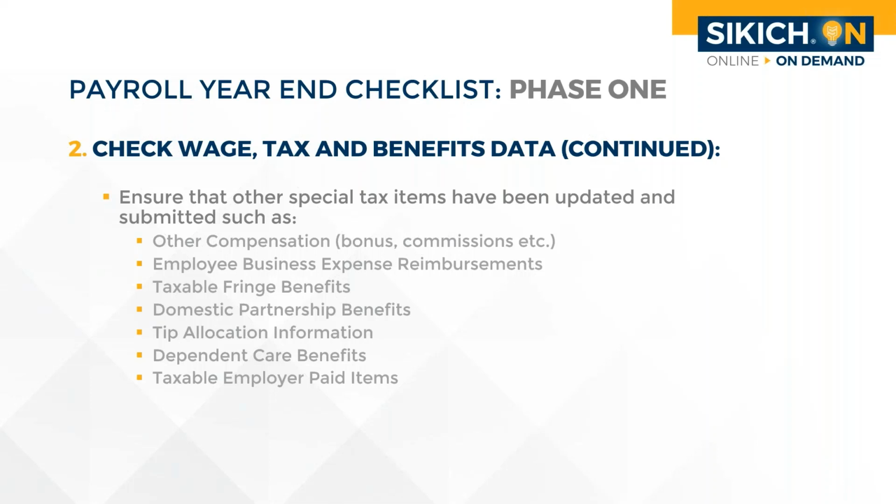You have dependent care benefits that you then need to pay tax on for things such as after school care and things of that nature. Again, partner with your HR department and your benefits provider to determine the level of taxation on those benefits. The same would hold true for any employer paid items, whether for relocation or education assistance above and beyond the IRS limit of $5,250 per year.